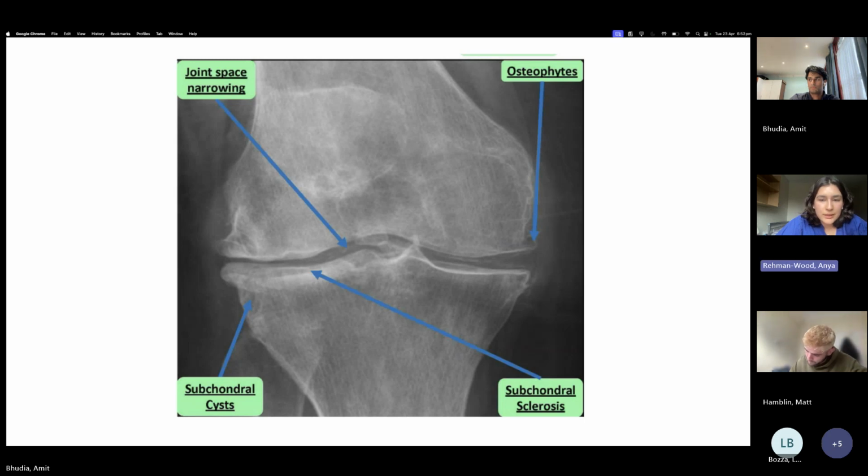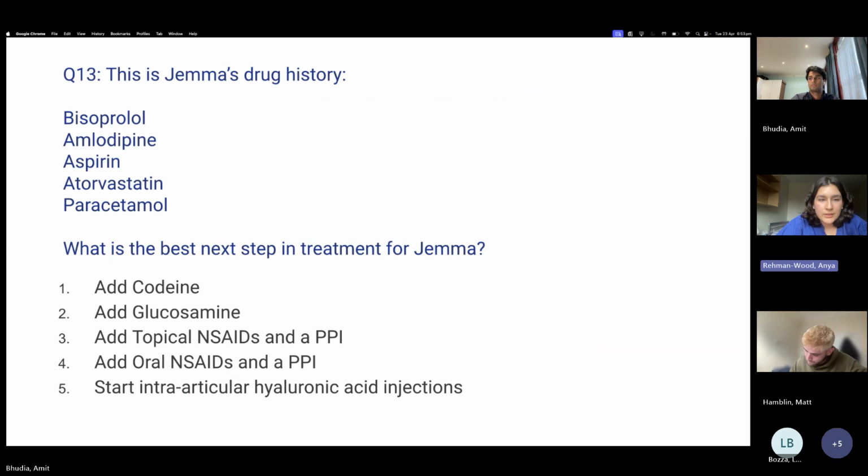Okay, next one, please. So this is her drug history. She's taking bisoprolol, amlodipine, aspirin, atorvastatin, paracetamol. So what's the next best step in treatment for her?